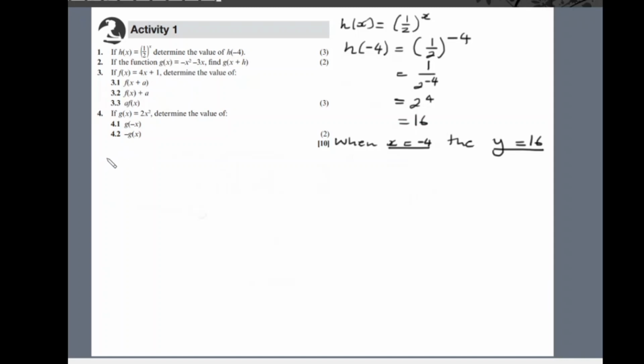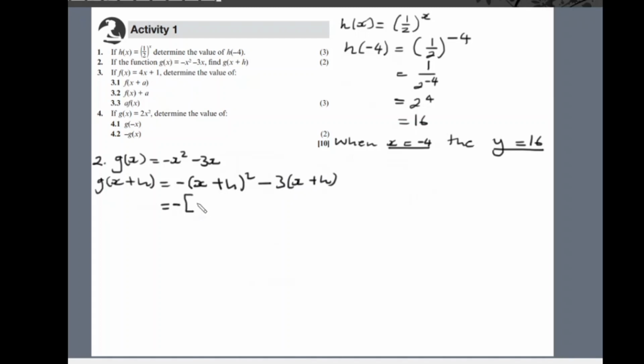And then we move to question 2, but if g of x is equal to minus x squared minus 3x, what is g at x plus h, right? So wherever we see x in the original function g at x, we put x plus h, right? So here where I see x, I substitute x plus h, right? And then after that I will expand this expression, right?